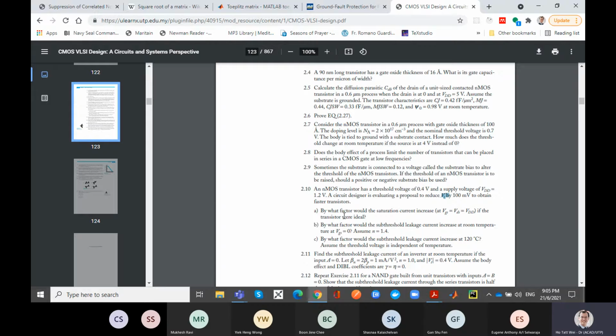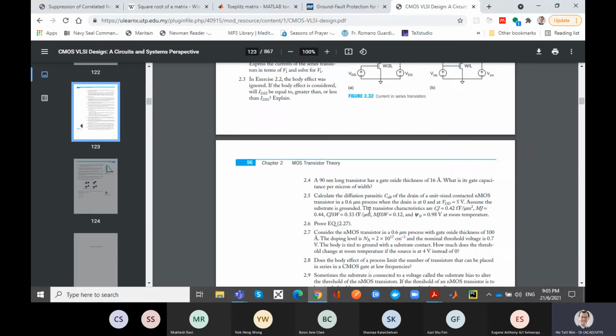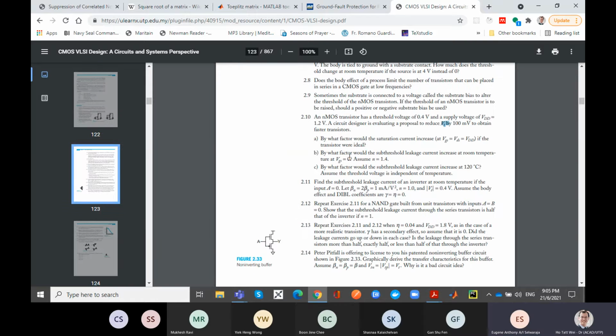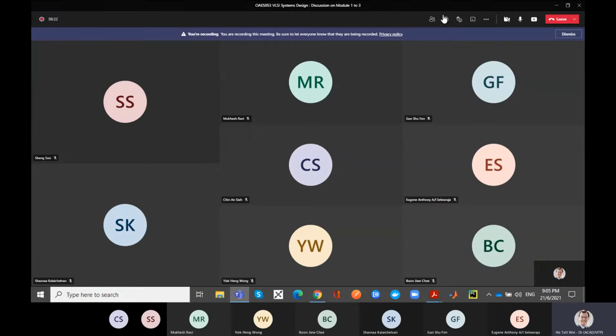So it's just asking you how much more would the saturation current increase for an ideal transistor. Okay, Eugene, this is the one you're looking at, right? Or you're looking at 2.1? 2.10, sir. Yeah, you are right. 2.10.